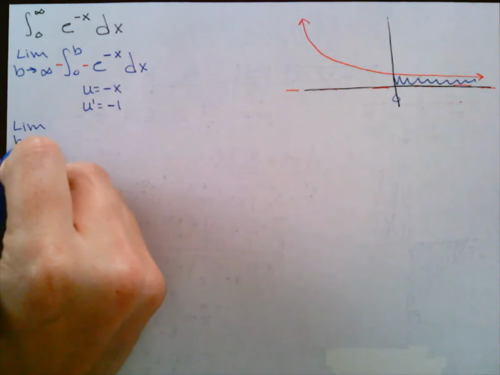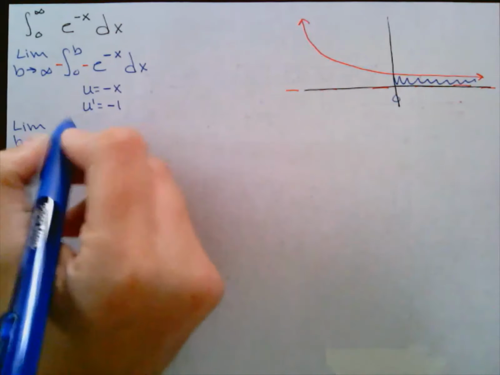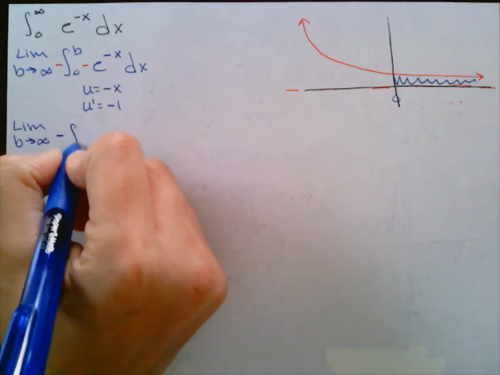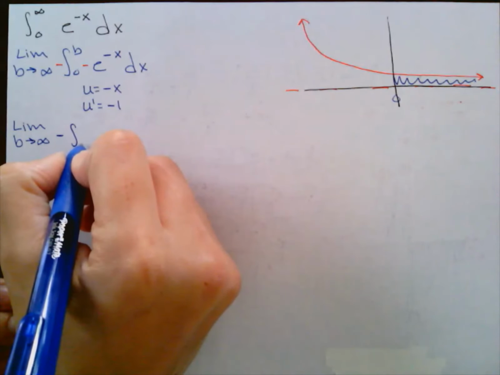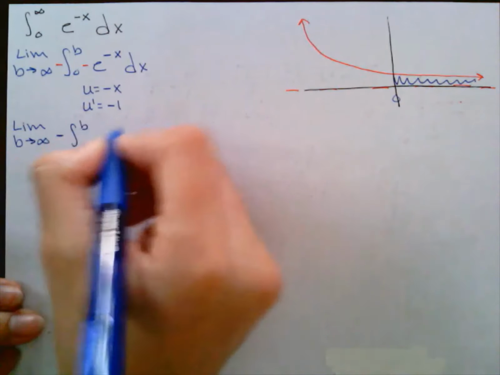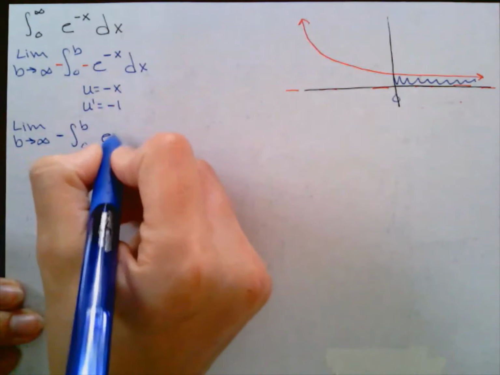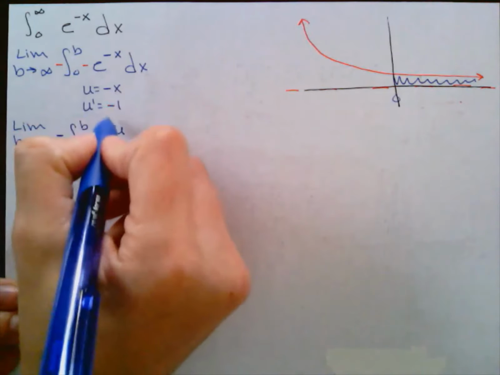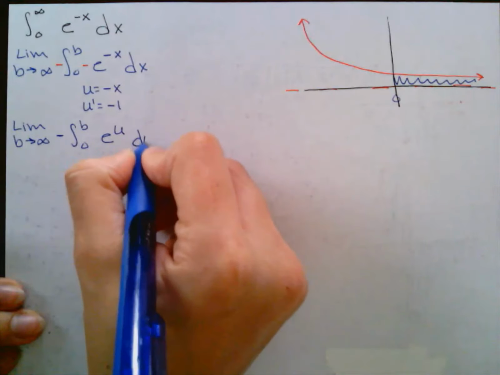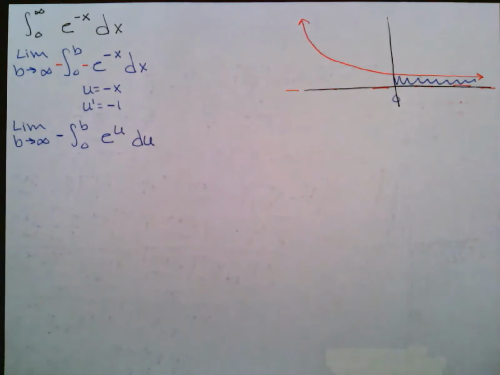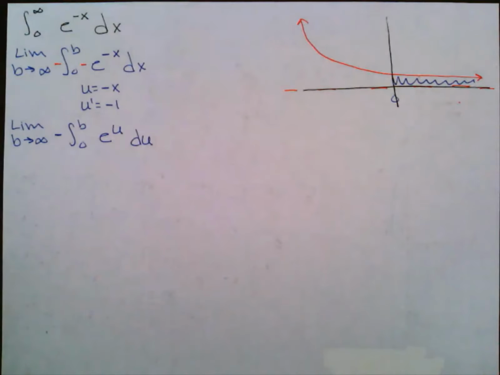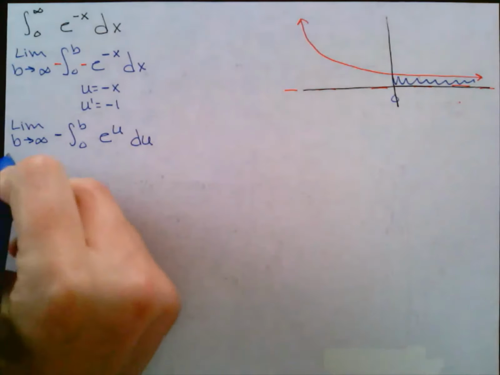the limit as b approaches infinity of the negative integral from 0 to b. So I'm going to write e raised to u, and then the negative 1 is going to be my u prime, which I'll write as du. Okay? On to my antiderivative.